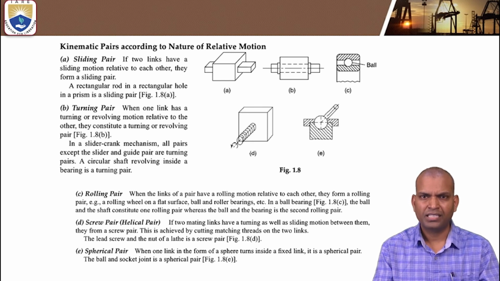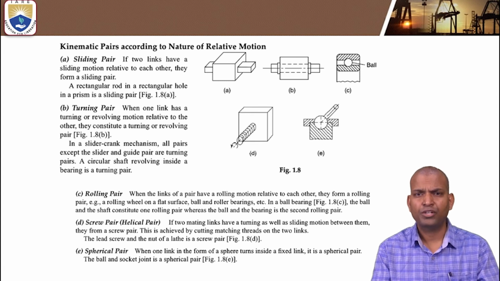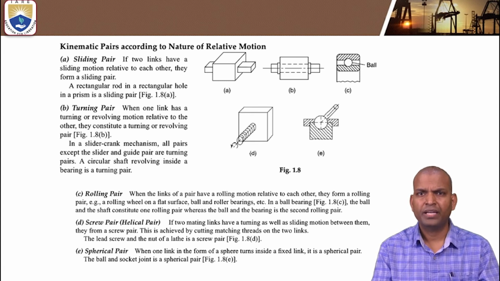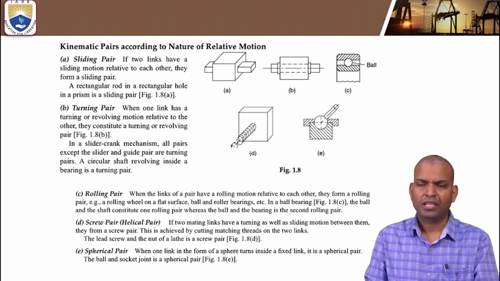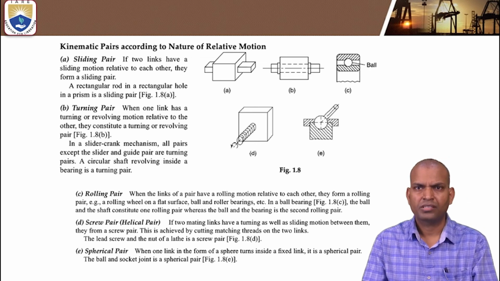Then nature of mechanical constraint, open pair and closed pair. And based on nature of relative motion, sliding pair, turning pair, rolling pair, screw pair, and spherical pair. Just to give a glance at how the complete classification of kinematic pairs is summarized in this slide.